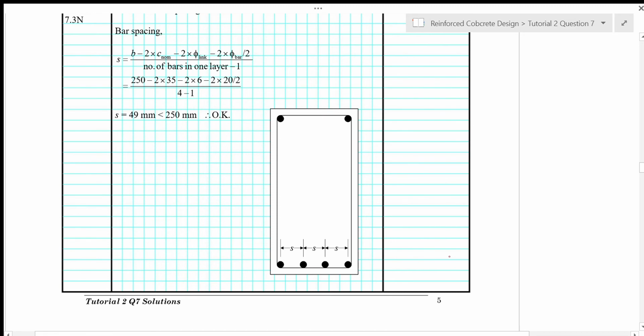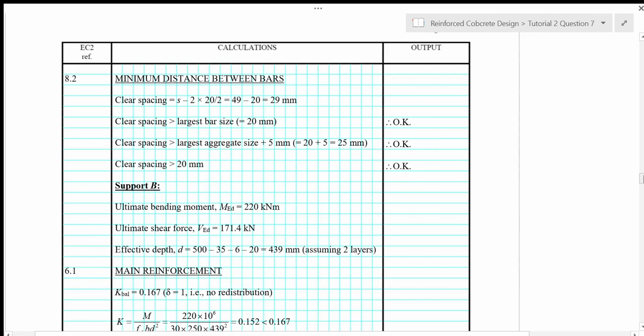So the spacing is calculated using 250 mm minus 2 times the cover minus 2 times the shear link minus 2 times half diameter of the main bar, and we get spacing of 49 mm, which is less than 250 mm, so it's okay. We also need to calculate minimum distance between bars based on section 8.2 of Eurocode 2.